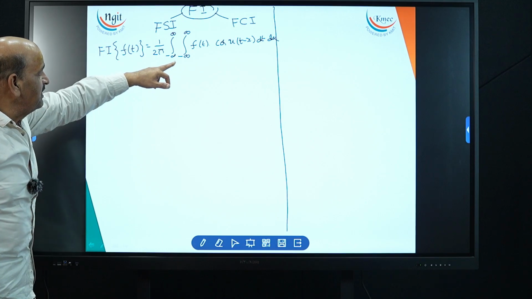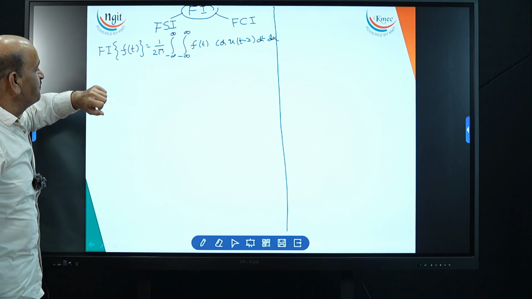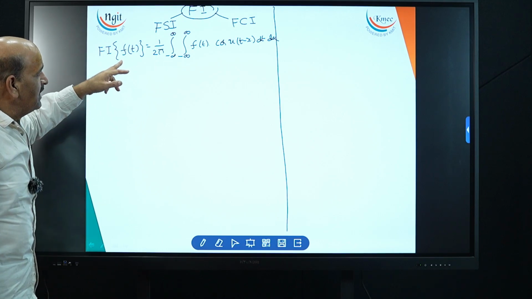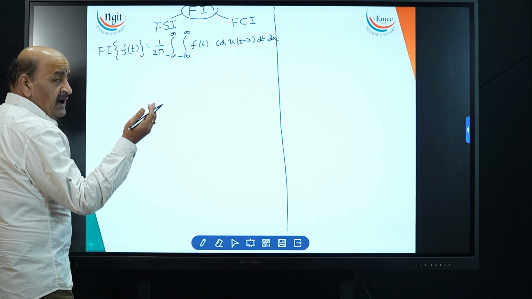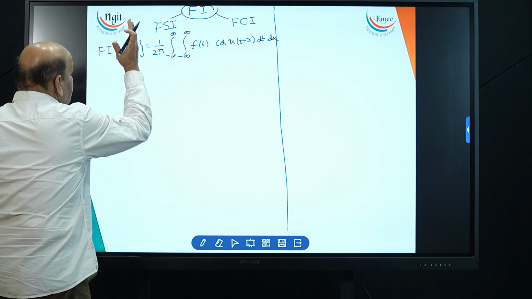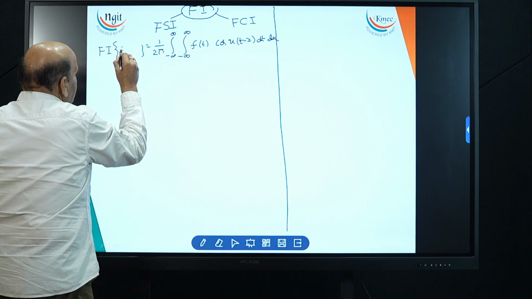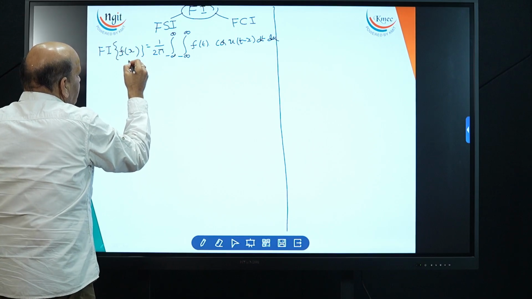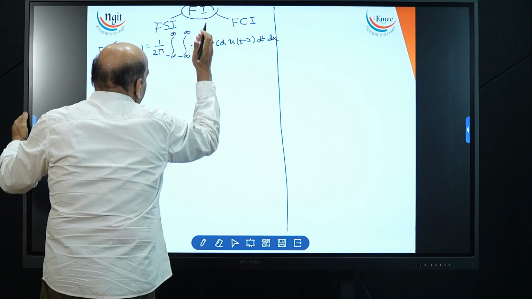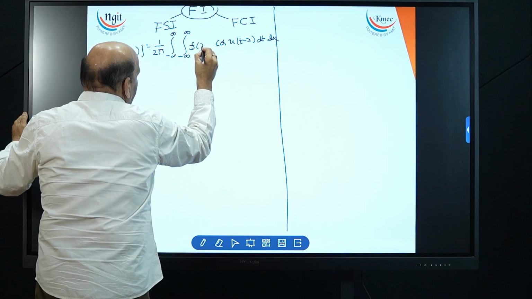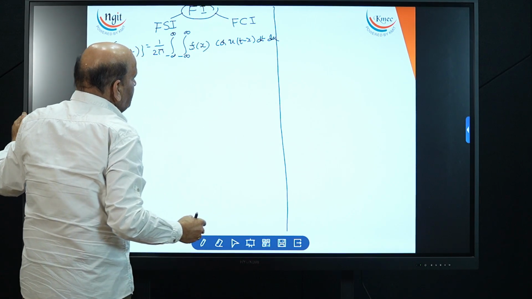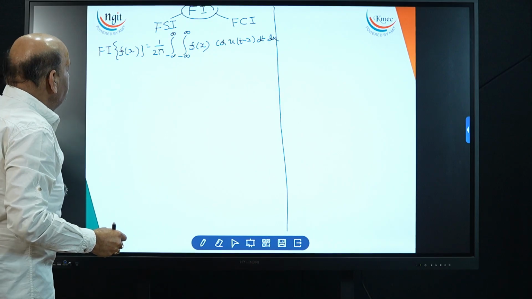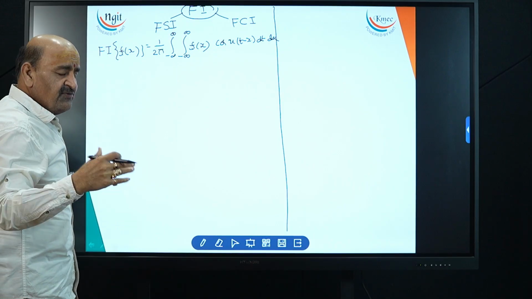So this is the Fourier integral format. Generally, no need to write t always, you can make it x also. Both are the same. f of x is equal to the integral of f of x cos u of (t minus x) dt du. Both are the same, mathematical function or signal.